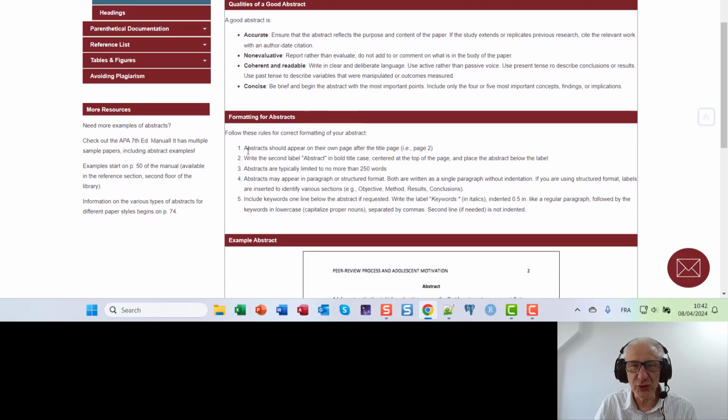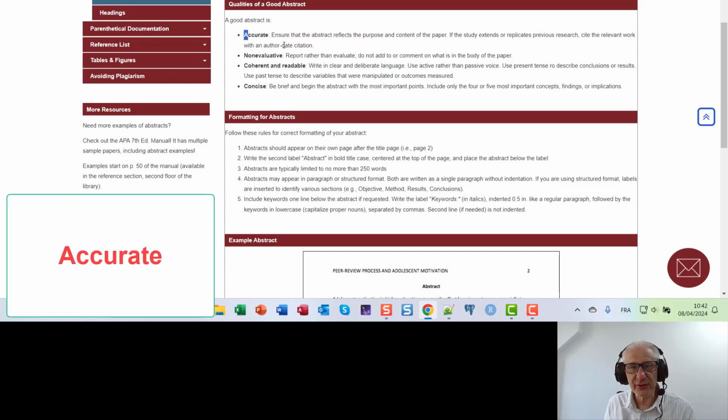What makes a good abstract? Well, here we go, accurate. Ensure that the abstract reflects the purpose and content of the paper. If the study extends or replicates previous research, which I don't think it does in this case, then cite any previous work. Remember, citation, citation, citation, and then referencing.